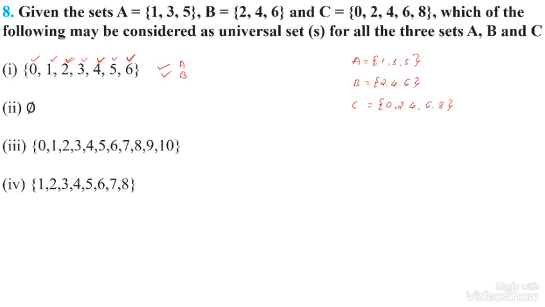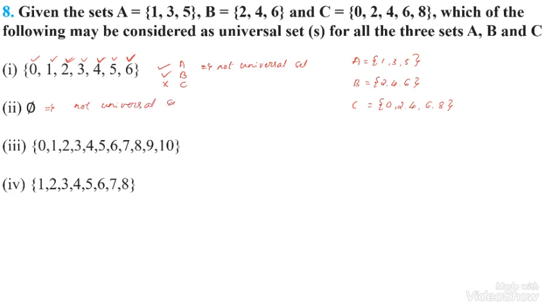Here this set is not containing C because in that set there is no element 8. So this is not the universal set. Next, this one also directly shows there is no such element there. That's why it is not a universal set.